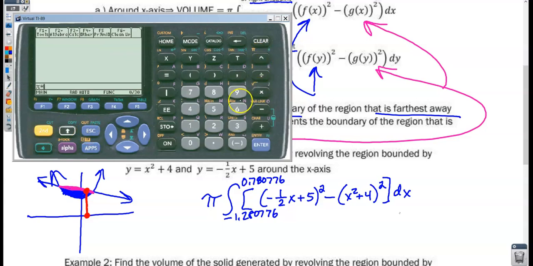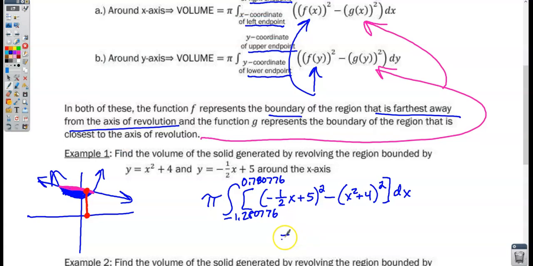So I've got pi times the integral of quantity negative 1/2 x plus 5 quantity squared minus quantity x squared plus 4 quantity squared with respect to x from negative 1.280776 to 0.780776, and this should give us our volume: 43.123. That's a cool answer, 43.123.